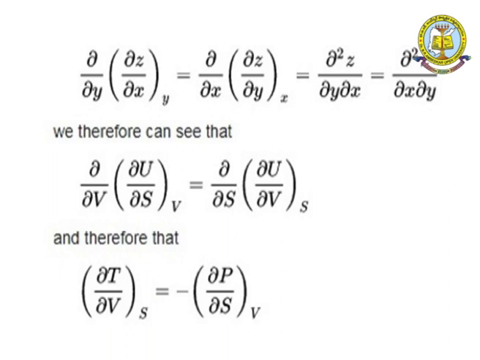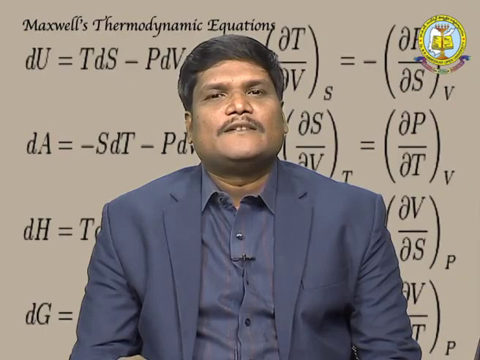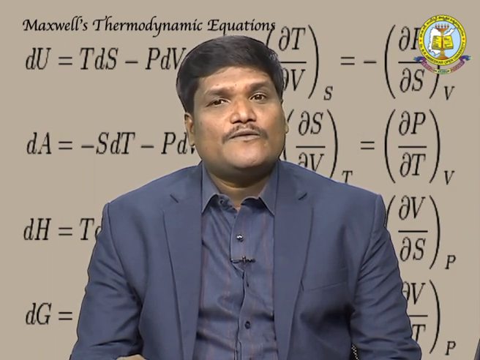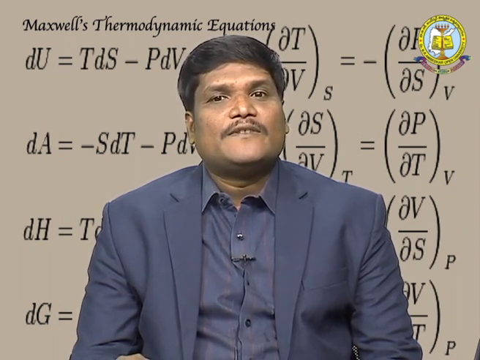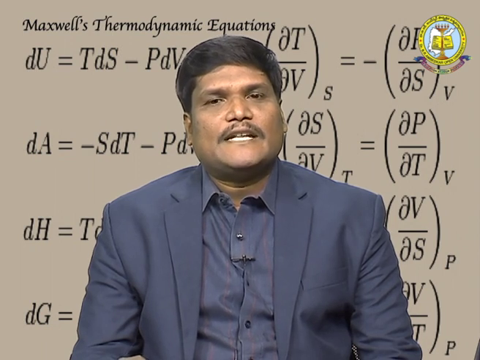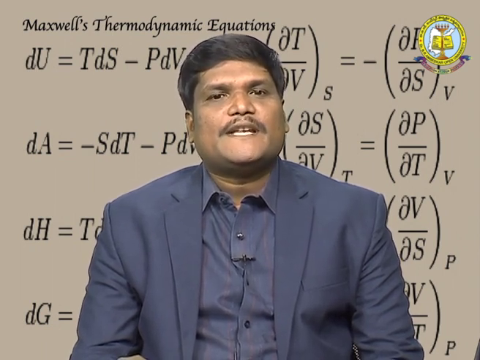Therefore, here z is U, and x and y are entropy S as well as volume V. Substituting these, ∂/∂V of (∂U/∂S)_V equals ∂/∂S of (∂U/∂V)_S.